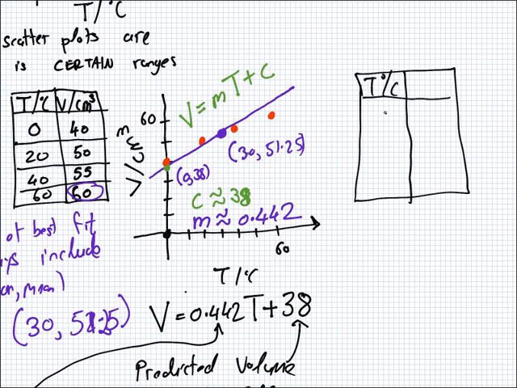Temperature in Celsius, 0, 20, 40, 60. And here, what I'm writing here is V hat. I'll explain what that is in a moment. Centimeters cubed. Has anyone seen this notation before, the meaning of it?